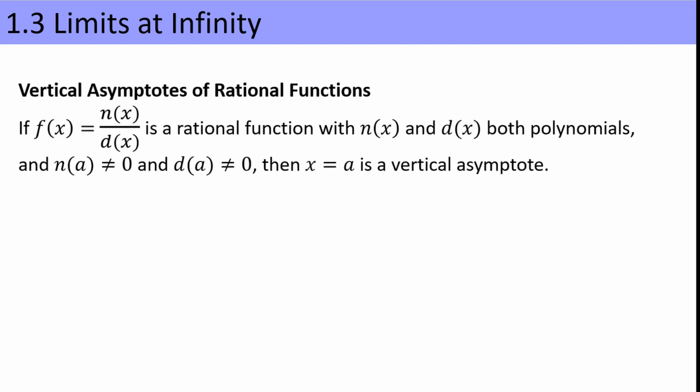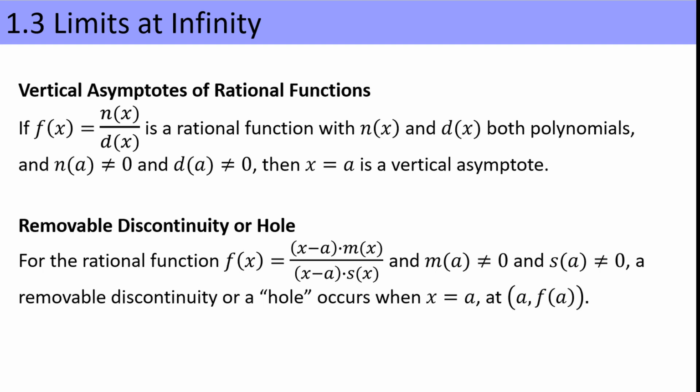So, vertical asymptotes of rational functions. If f of x equals n of x divided by d of x is a rational function with n of x and d of x both polynomials, and n of a not equal to 0 and d of a equal to 0, then x equals a is a vertical asymptote. Now let's extend that to a calculus concept. Removable discontinuity, or hole.